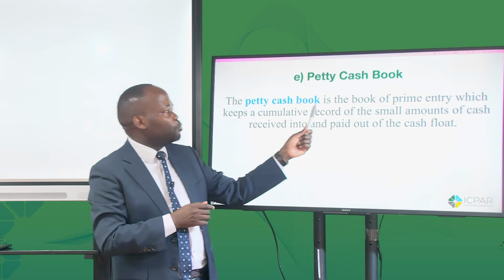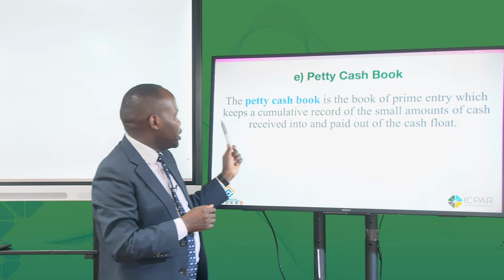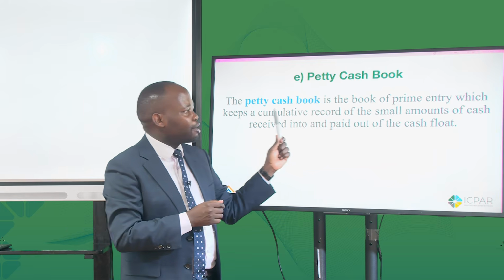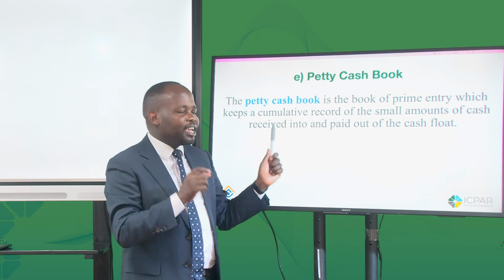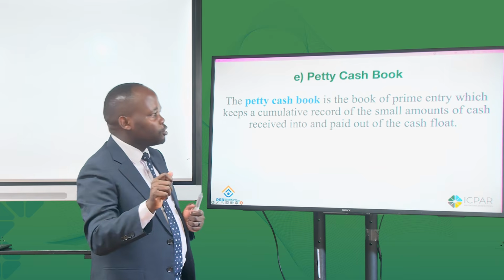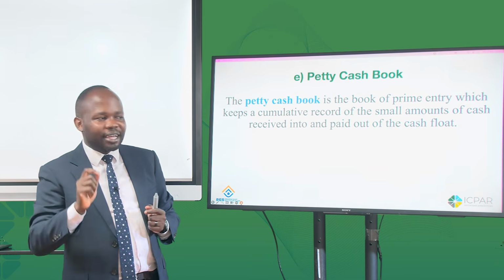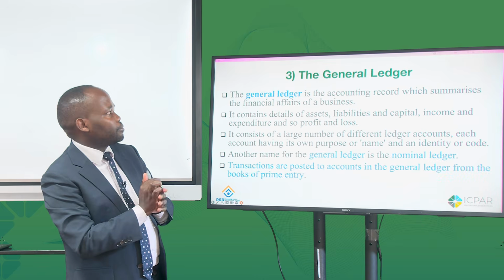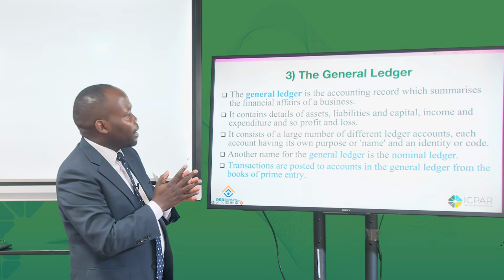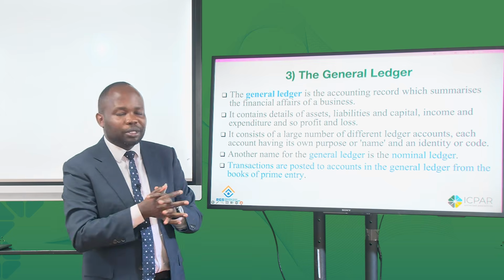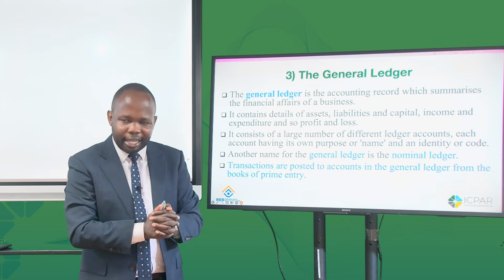So the petty cash book is a book of prime entry which keeps a cumulative record of the small amounts of cash received into and paid out of the cash till or the cash float. The next document, entry or account, is what we call a general ledger.